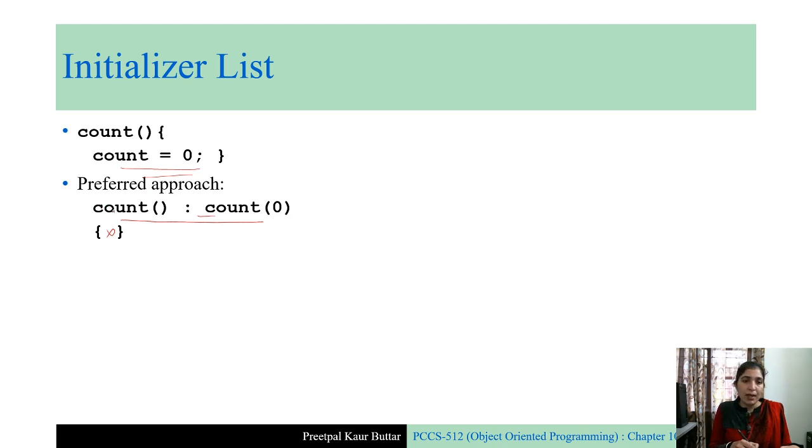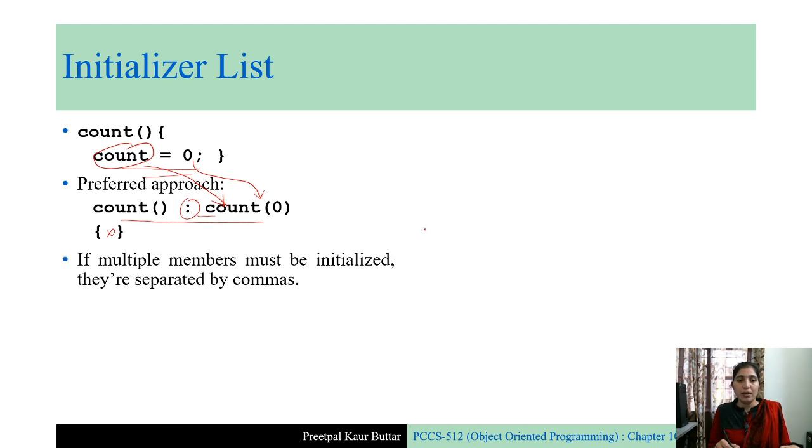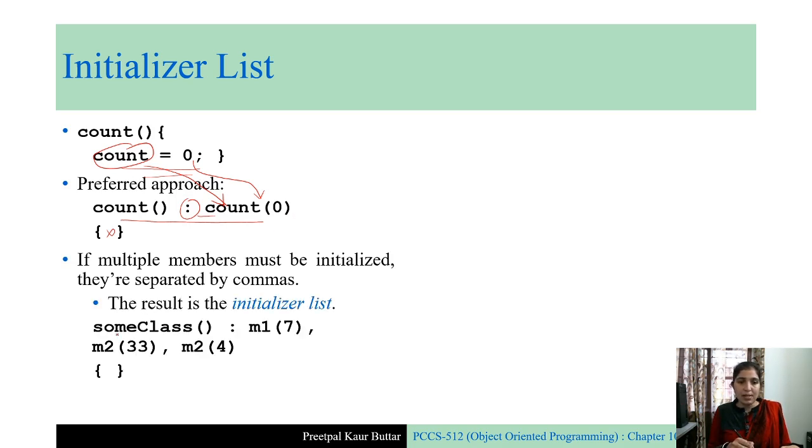Here we write the name of the constructor, parenthesis, and after a colon we write the member which we want to initialize. Here the member is count, and inside the parenthesis you write the value which you want to put inside count. If multiple members must be initialized, they are separated by commas. For example, this is some class, the name of the constructor, then colon, and here you are initializing multiple members: M1 equal to 7, M2 equal to 33, and M3 equal to 4.